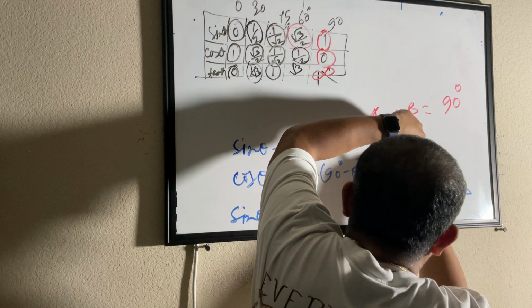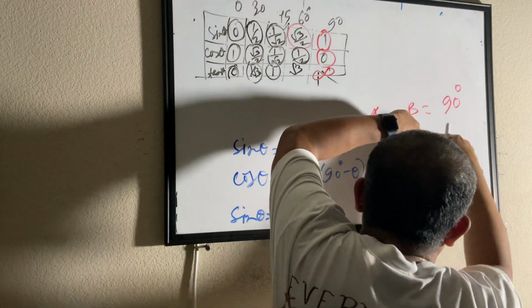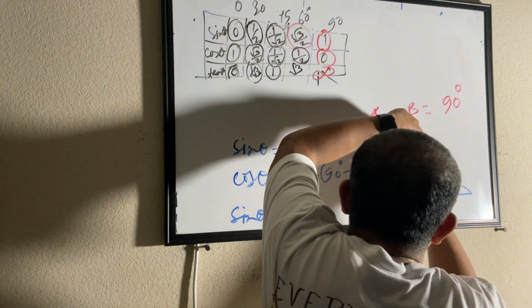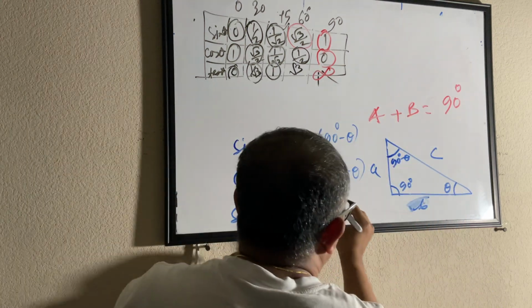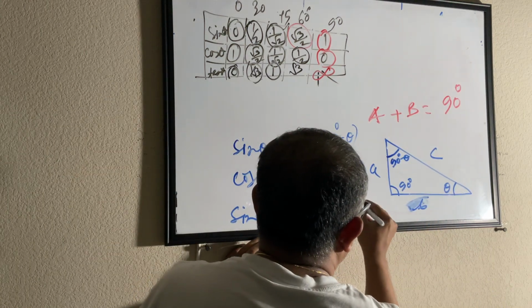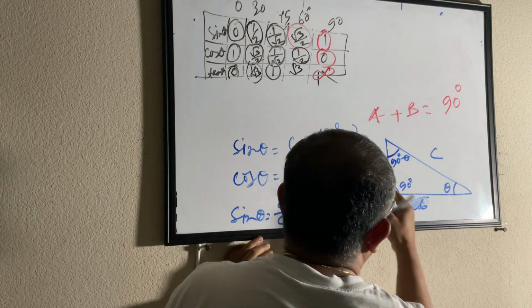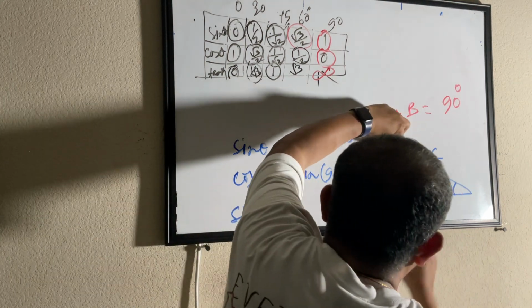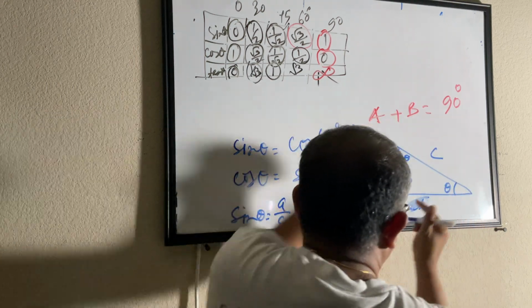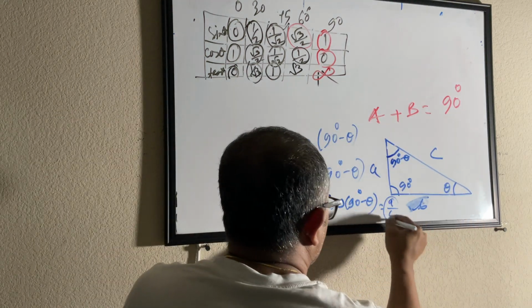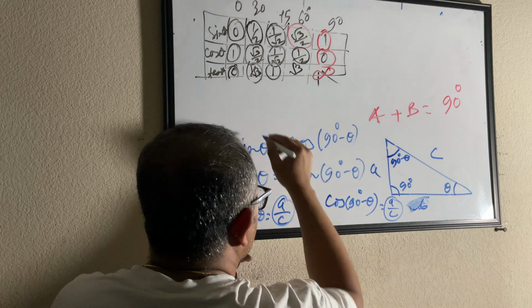If I have to find the sine of this, it will be this side divided by hypotenuse. If I have to find the cos of this angle, I take the adjacent side by hypotenuse. So cos of 90 degrees minus theta, this is the angle, adjacent side is this, opposite side is this, adjacent side by hypotenuse. These two match. So this is also correct.